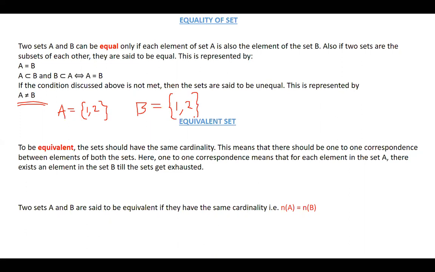These two sets are equal. Why do I say so? Because the elements inside them are the same. And then these two sets are also equivalent. Why? Because they have the same number of elements.